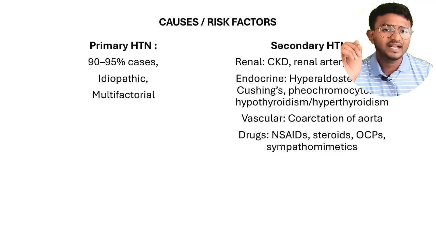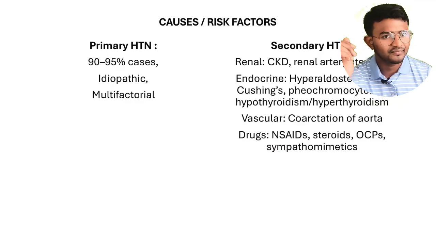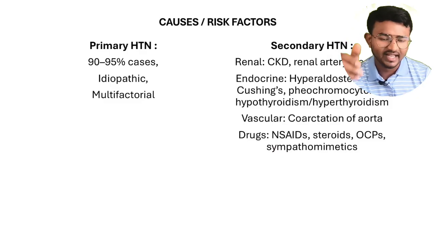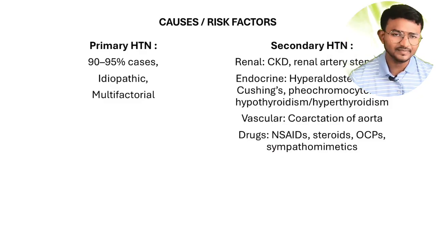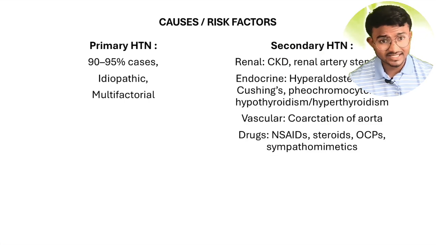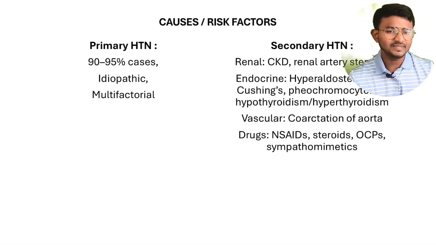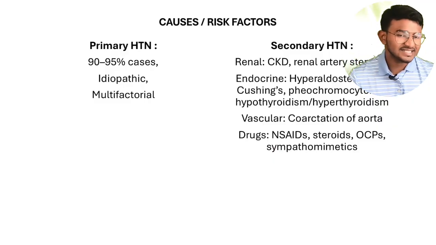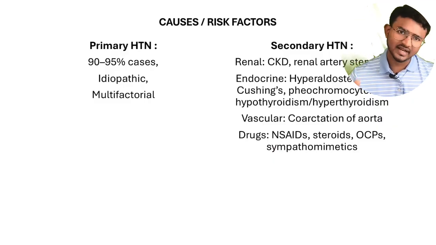In primary hypertension, it is because of multiple factors, like age, obesity, sedentary life, sex, male or female, based on their work, occupation or stress levels. These are the things that cause primary hypertension.